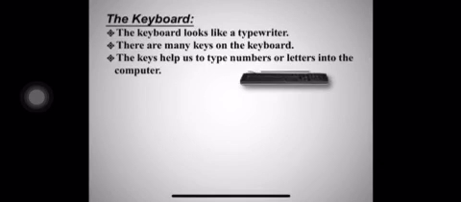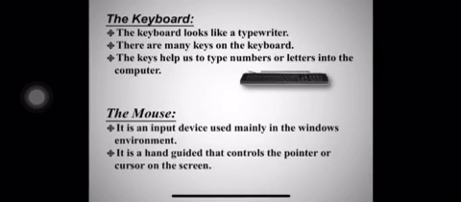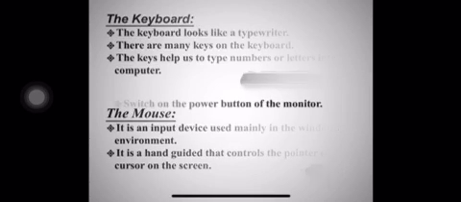Then the last one is the mouse. It is an input device used mainly in the window environment. It is hand guided and controls the pointer or the cursor on the screen. A mouse has 2 buttons and a rolling ball on it.